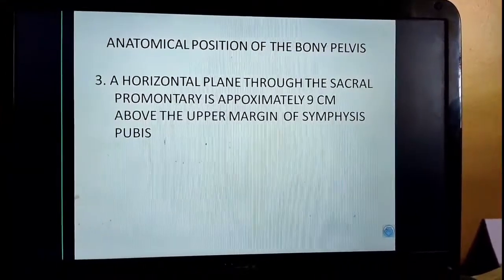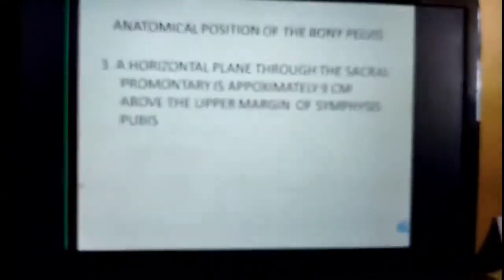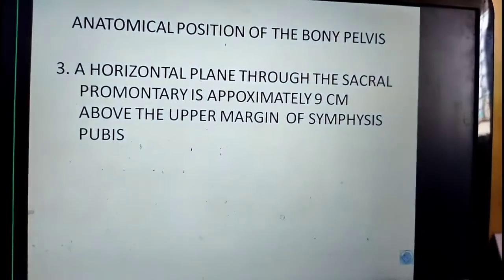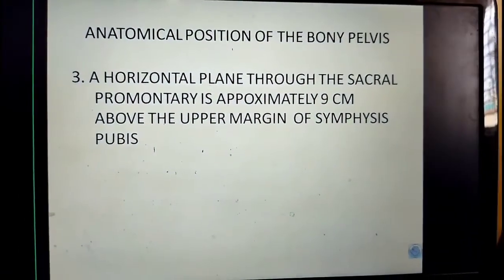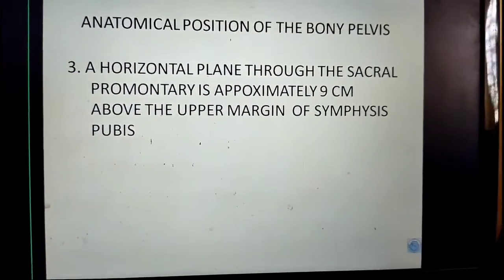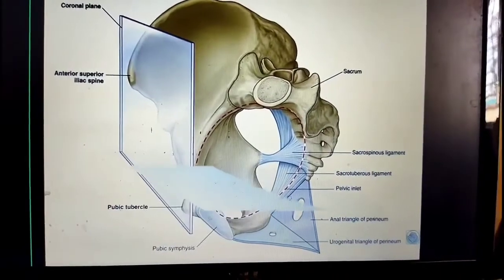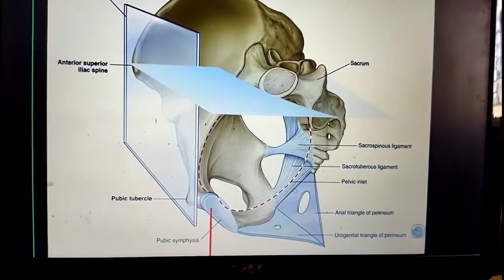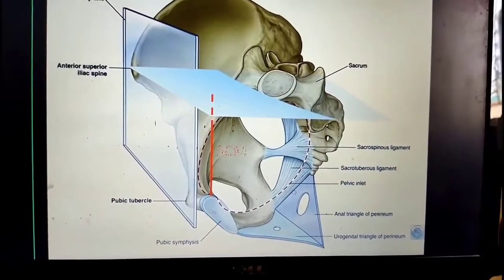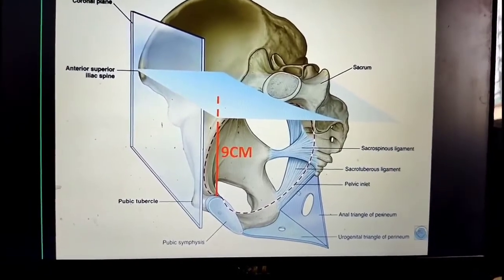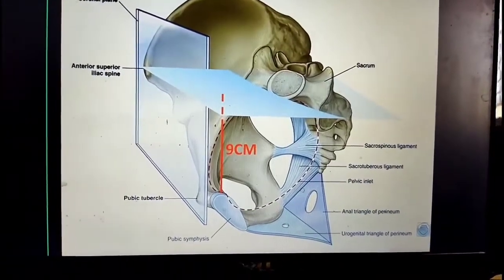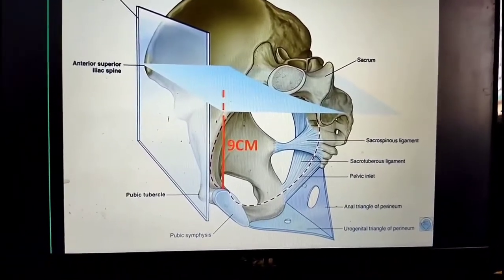Now, the third point is the horizontal plane passing through the sacral promontory is approximately 9 cm above the upper margin of the symphysis pubis. Here comes the horizontal plane through the sacral promontory, and it is 9 cm above the upper margin of the symphysis pubis.